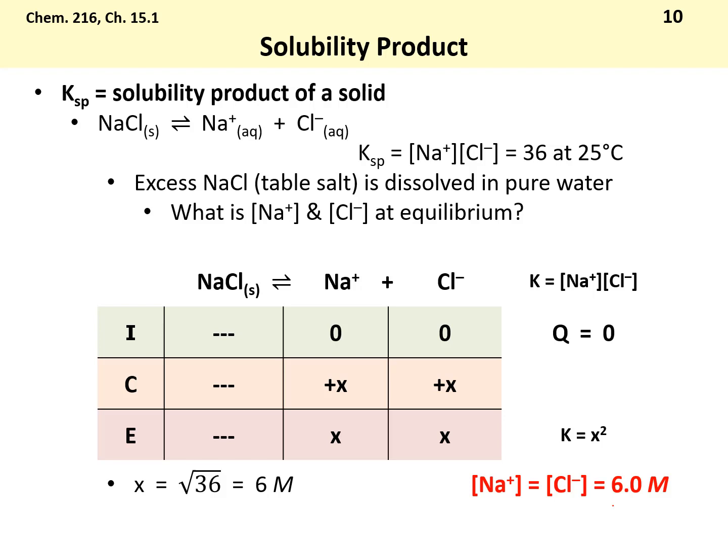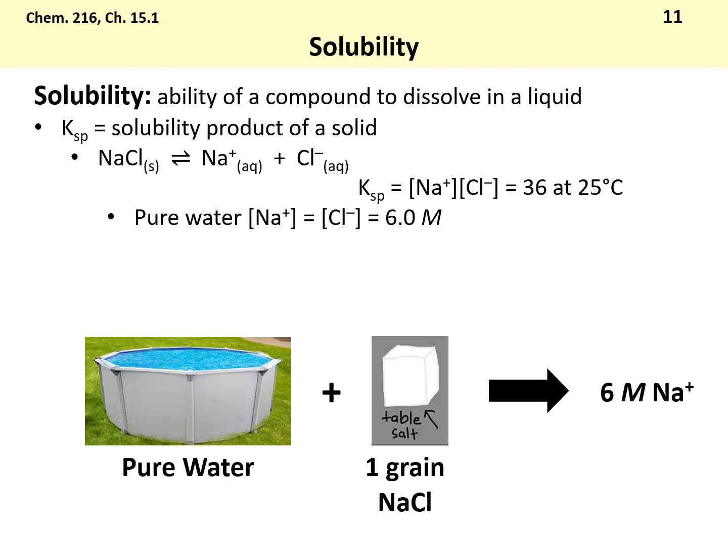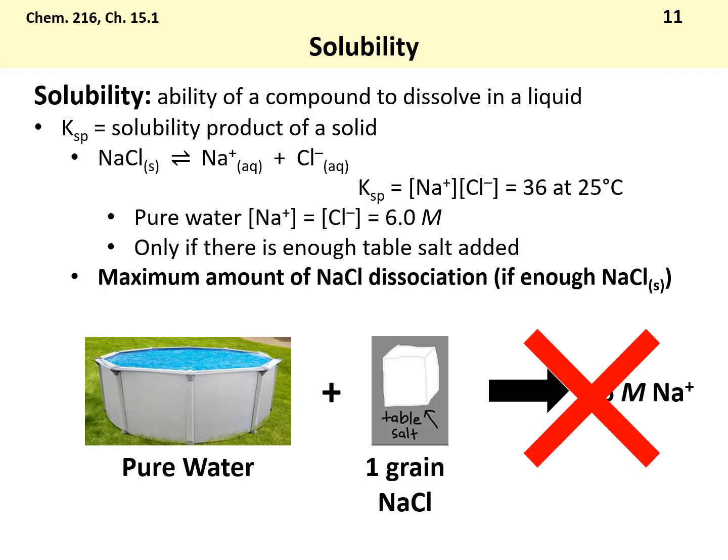What does this mean? Well, does this mean that if I have an entire pool worth of pure water and I put one tiny grain of sodium chloride in there, I'm going to get 6 molar sodium? No. It's only if there's enough table salt, right?